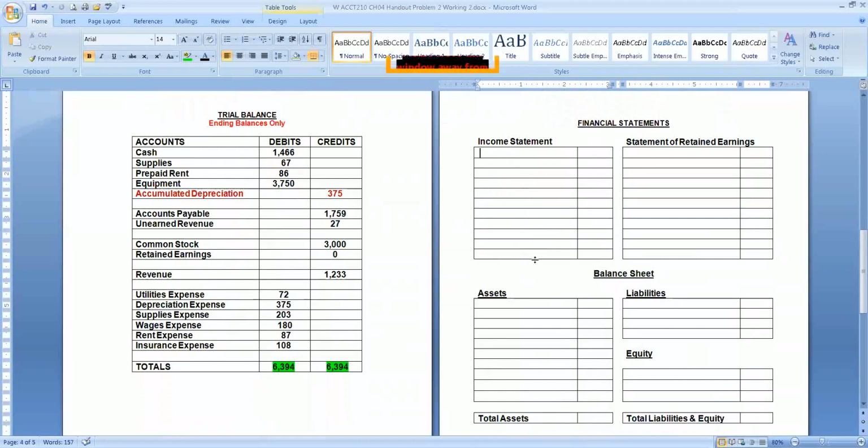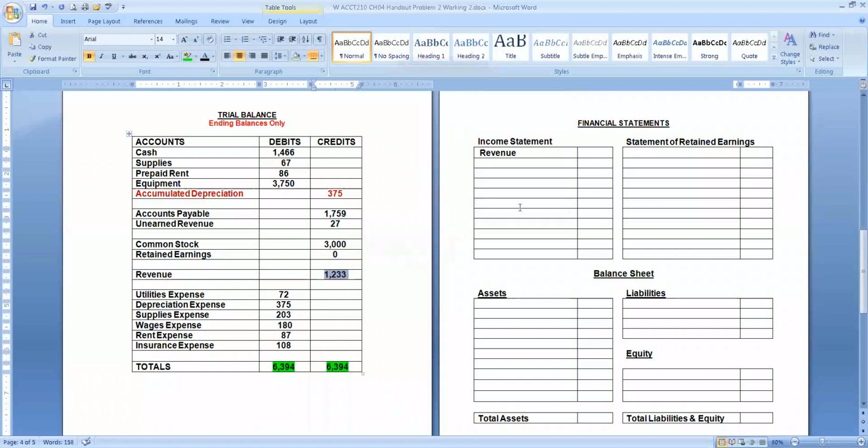What we're going to do is take these numbers over here and put them into the financial statements over here. So the income statement starts out with revenue. Cut and paste it if you want. Me, I'm lazy, so I'm going to do it anyways.